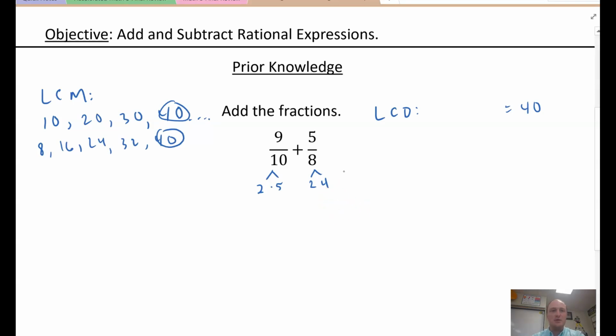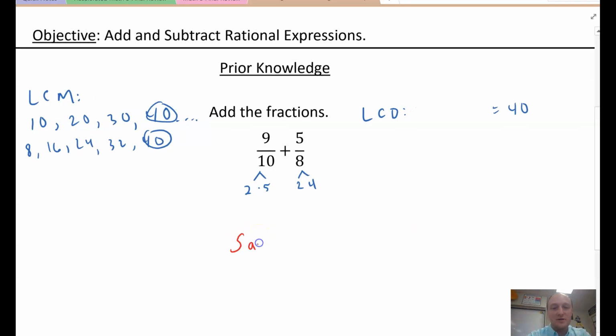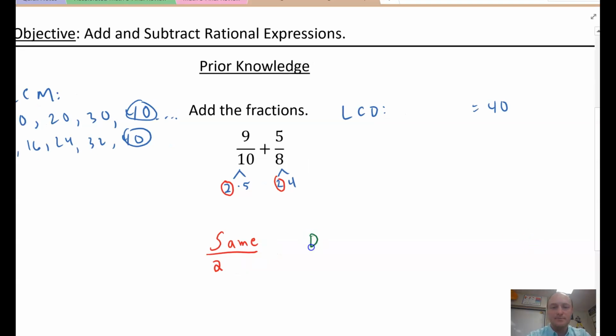The way we're going to think about the LCD in this class is you're going to take the factors that are the same. Look at 10 and 8. You agree there's a 2? I agree, okay, me too. Then you're going to take the factors, in a different color, that are different, and that would be 4 and 5.